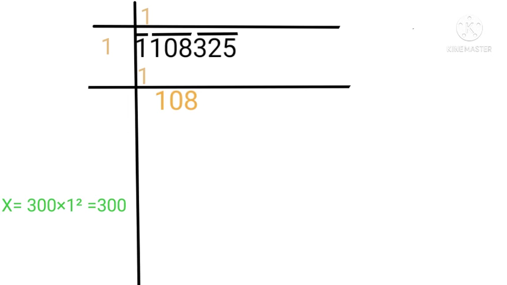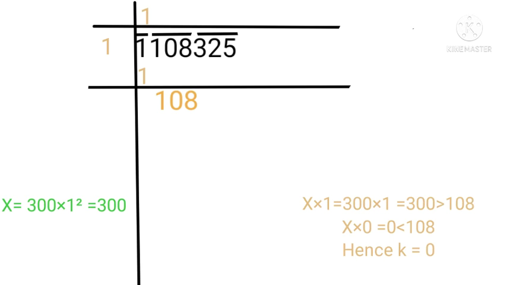Since our divisor is going to be the addition of 3 terms, where the first term is 300, our divisor is going to be more than or equal to 300, and our dividend is 108, which is less than 300. For finding k, multiply x with the largest number such that the resultant is less than or equal to the dividend.